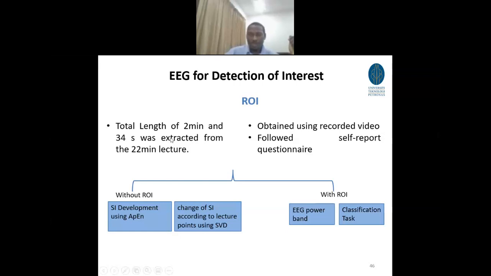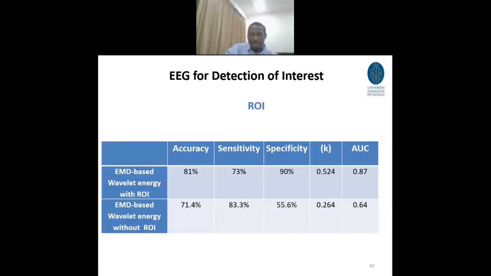So for example, instead of taking the 20 minutes, 22 minutes in some cases, we just look at, for example, 2 minutes and 34 seconds, depending on the particular parts that we want to focus on based on the topic or the particular point of the lecture.